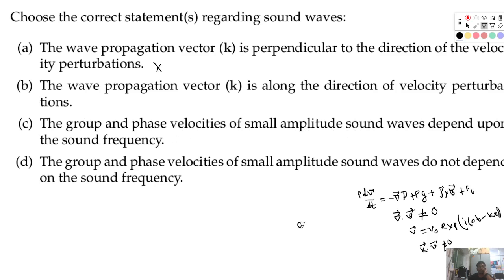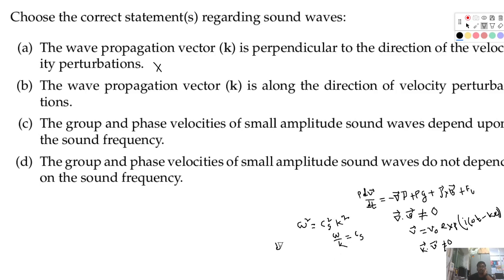How do you know that? Is omega square equal to cs square times k square? So your phase velocity, which is omega by k, is cs, right?